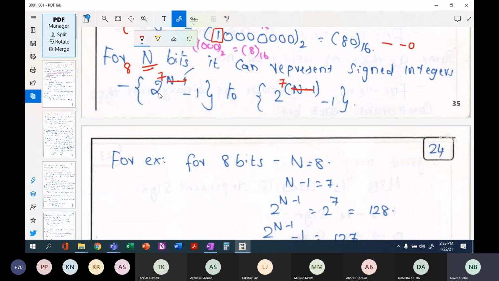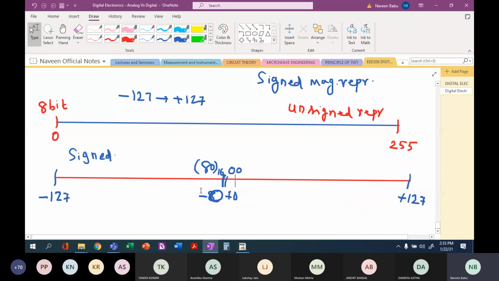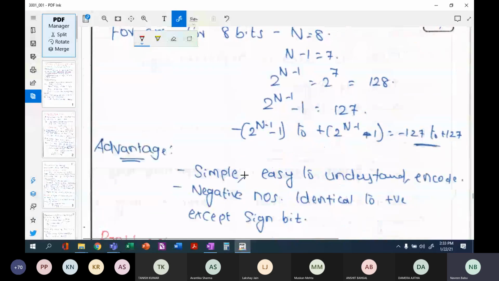What is 2 power 7? 2 power 7 is 128. 128 minus 1 is 127. So here also 128 minus 1. So this is equivalent to minus 127 to plus 127. That is what we have drawn in this particular scale, from minus 127 to plus 127.